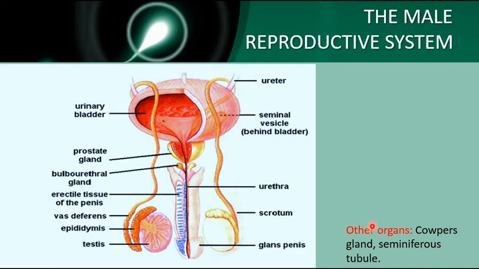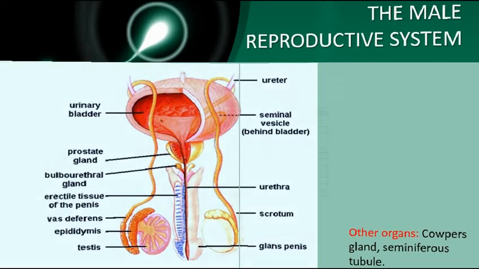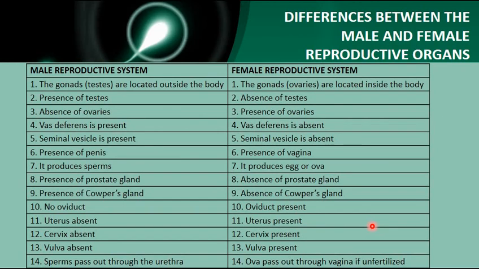Now let's look at the differences between the male and female reproductive organs. In the male reproductive organs, the gonads are the testes, and they are located outside the body. While in the female reproductive organs, the gonads are the ovaries, and they are located inside the body.